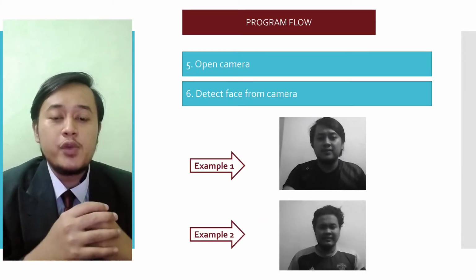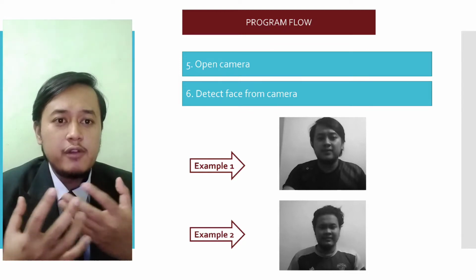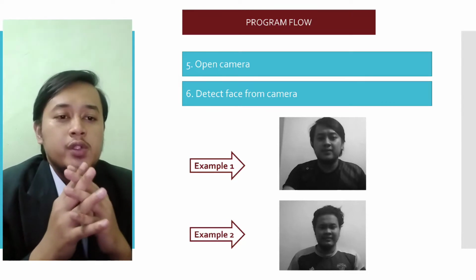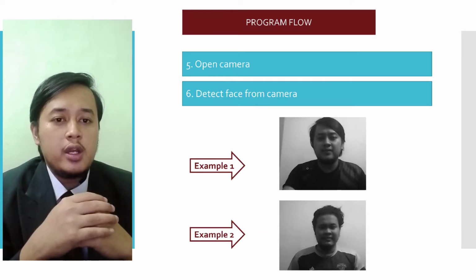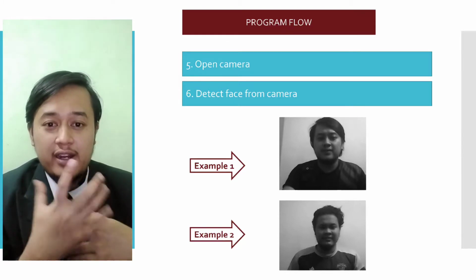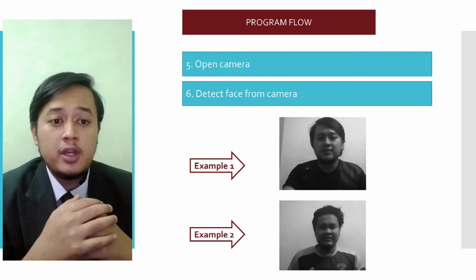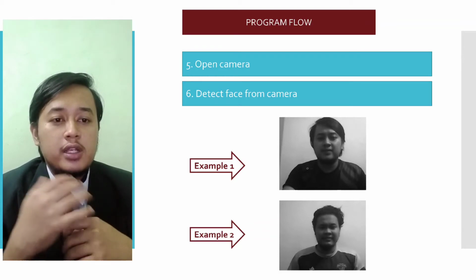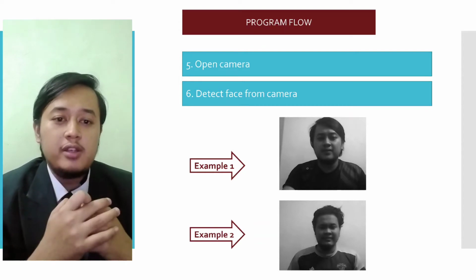Then the program will continue to open the camera and detect the face from the camera. So here are the examples. There is one example using a declared face, which is myself. And then for the second example, a non-declared face, which is not from any of the three images.